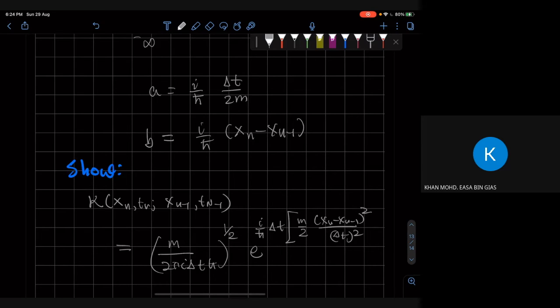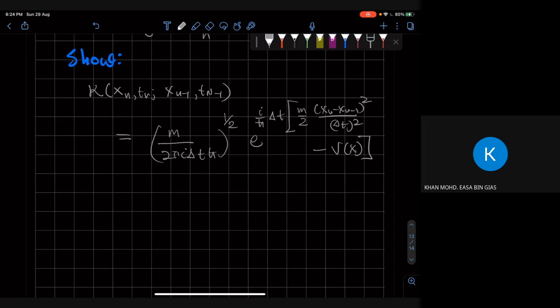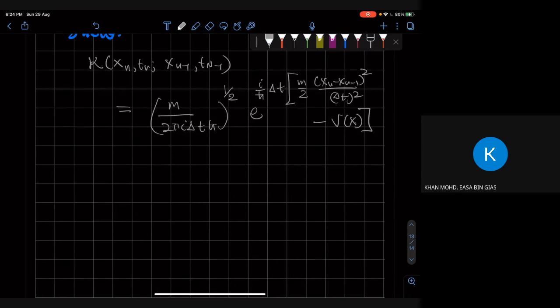So this is p squared, this is half m v squared, and minus V of x. And then you can see that this gets rid of all of that, because we have done the momentum integral. So now this expression for the propagator in configuration space is given, because we have gotten rid of the momentum integral.